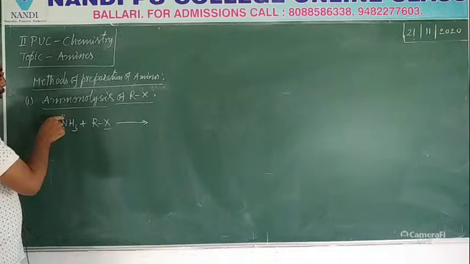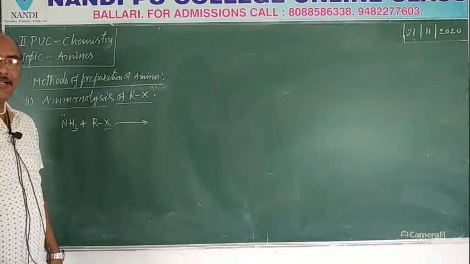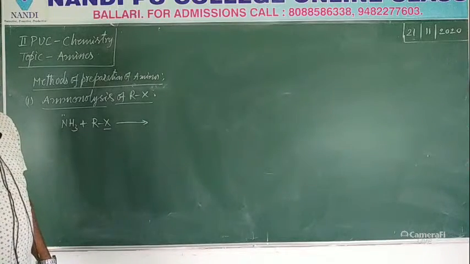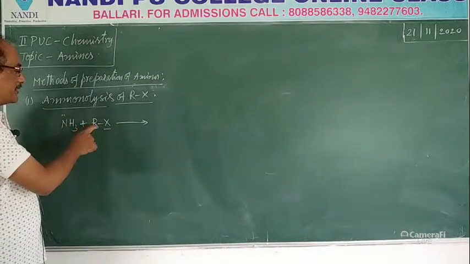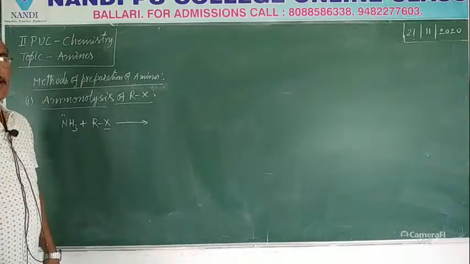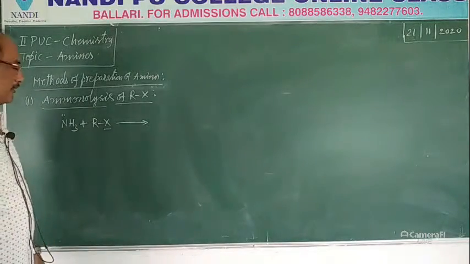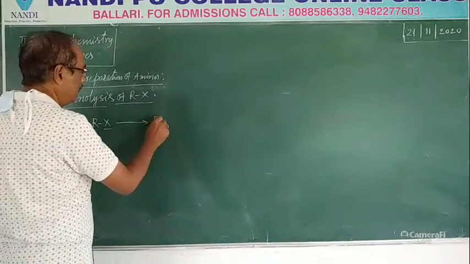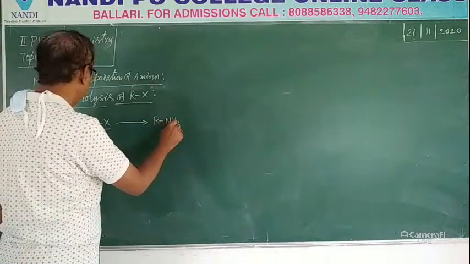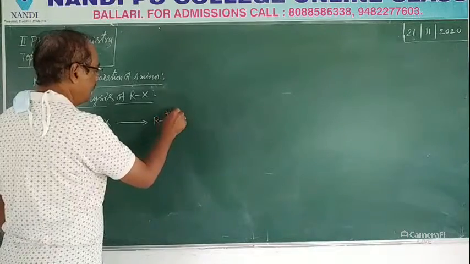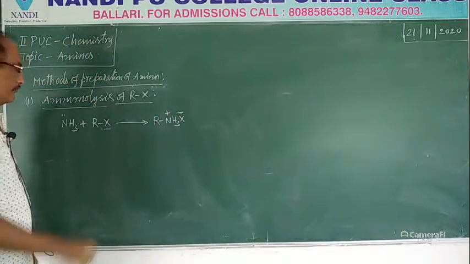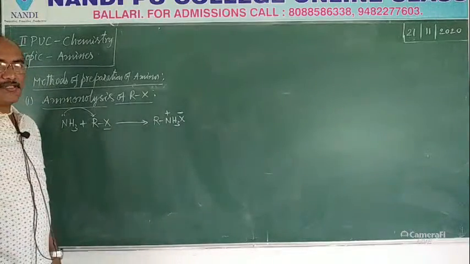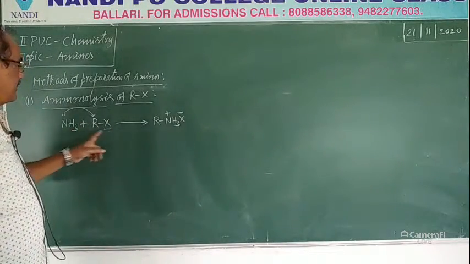Nitrogen is carrying a lone pair of electrons, so it acts as a nucleophile. Therefore nucleophilic substitution takes place on the alkyl halide, and this is the compound formed: RNH3+ X-.